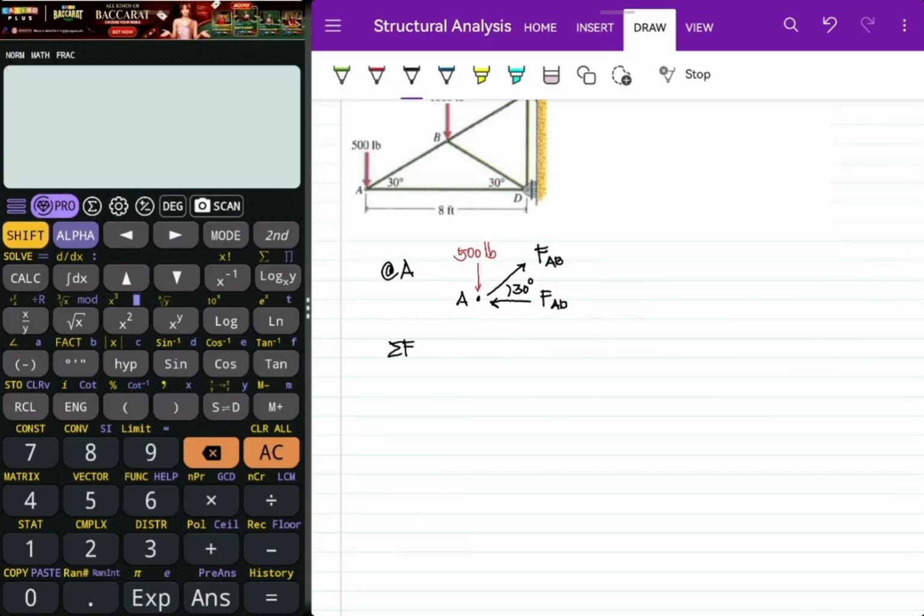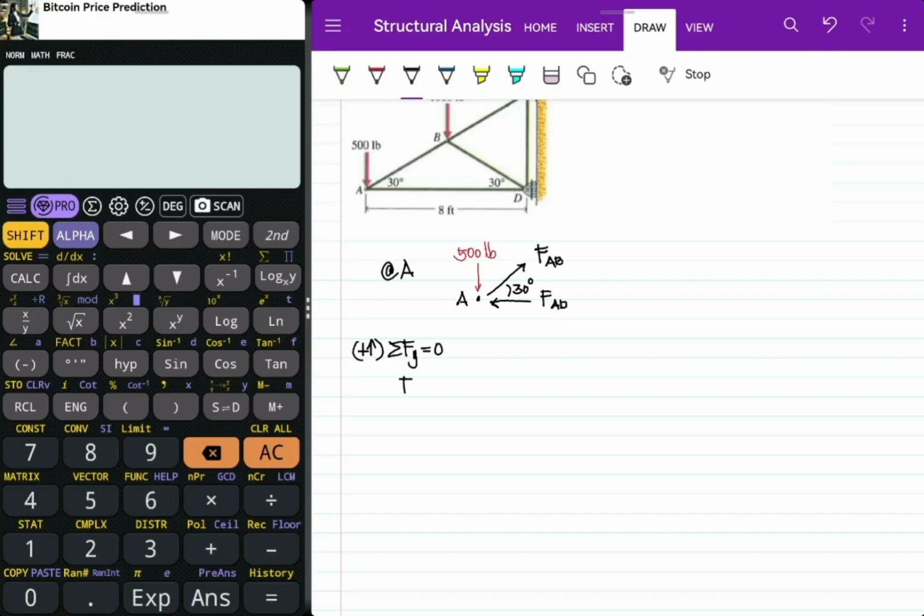Summation of forces Y is equal to 0. Assuming going up is positive, this is force AB and its Y component, which is sine 30 degrees, minus 500 is equal to 0. Look for FAB because that is our unknown. FAB sine 30 degrees is equal to 500.